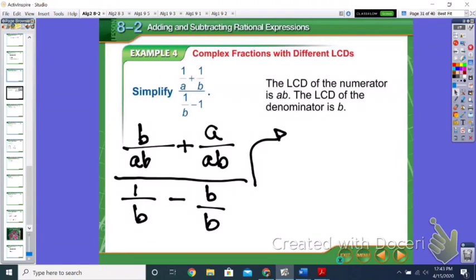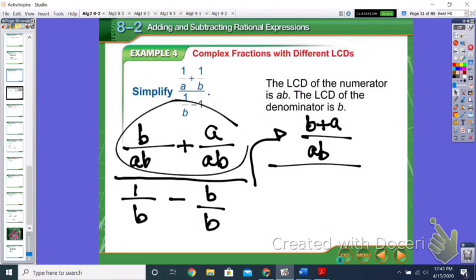So I'm going to just do it up here. I'm going to make it a little bit smaller. So we'd say B plus A over AB. That's your numerator. In fact, I'm going to make this bar a little bit bigger so you could see that that's just your numerator, right? B plus A over AB.